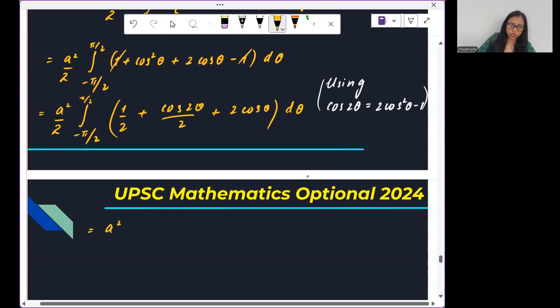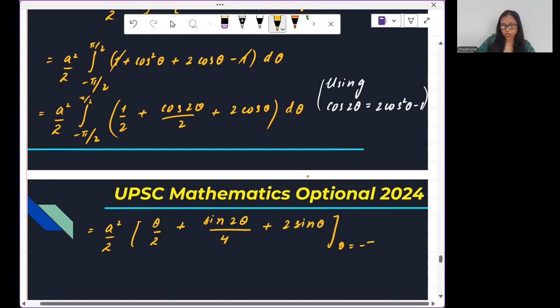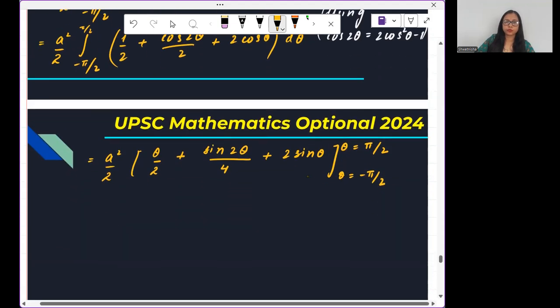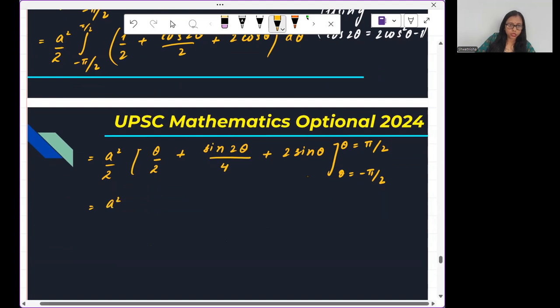Let's do the integration. a squared by 2, this is theta by 2 plus sine 2 theta by 4 plus 2 sine theta, theta from minus pi by 2 to pi by 2. This gives a squared by 2 times theta by 4 plus, this will be 0, 2, minus pi by 4 minus 2.